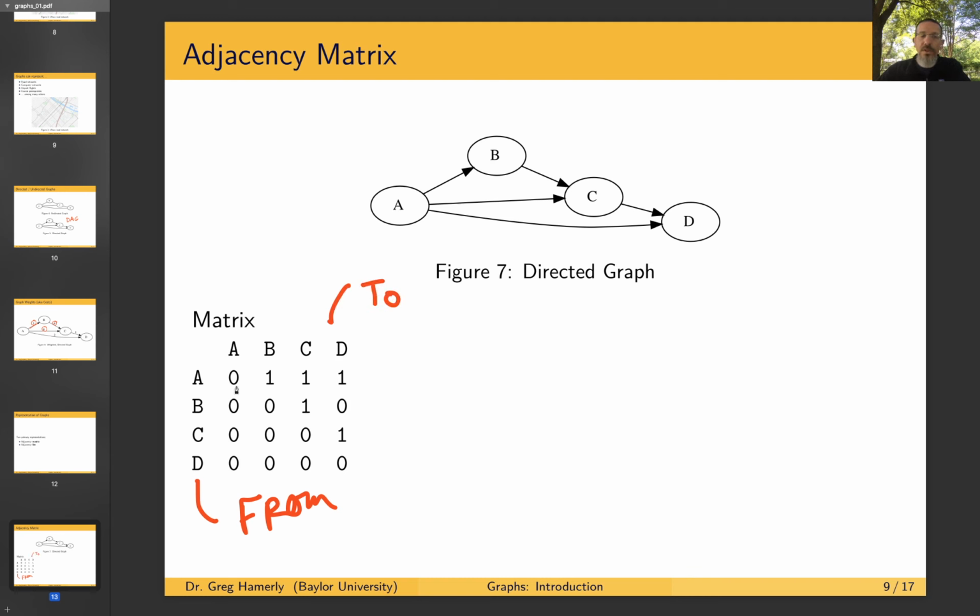So if I wanted to go from vertex A to vertex C, I would look at row A, column C, and I would notice that there's a 1 there, indicating that there is an edge from A to C directly. Notice also that if I looked at from C to A, there is no edge from C to A, which is, of course, notated in this diagram. Okay, so this is the adjacency matrix representation.